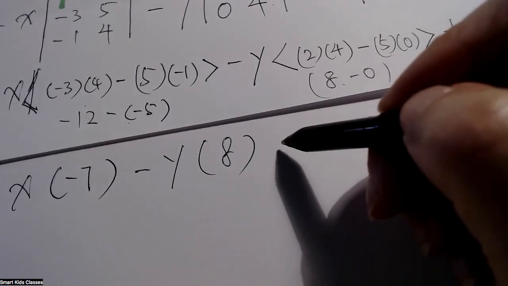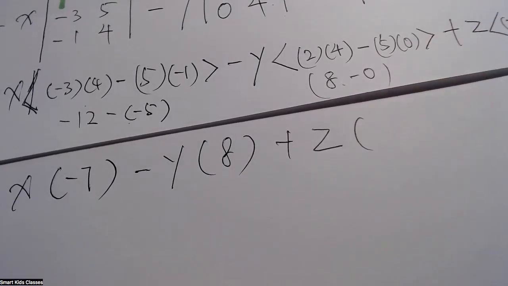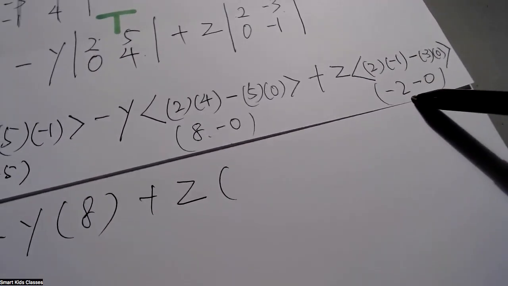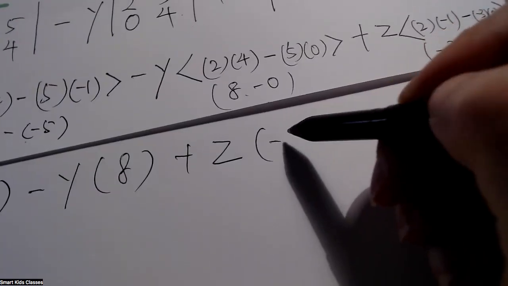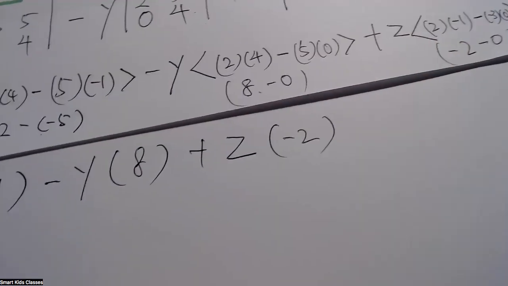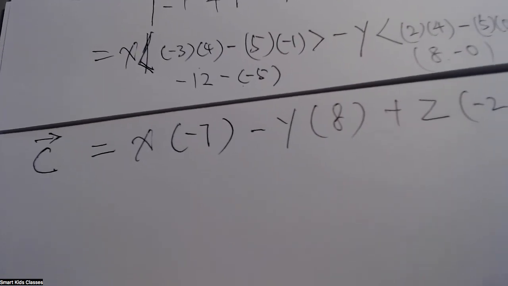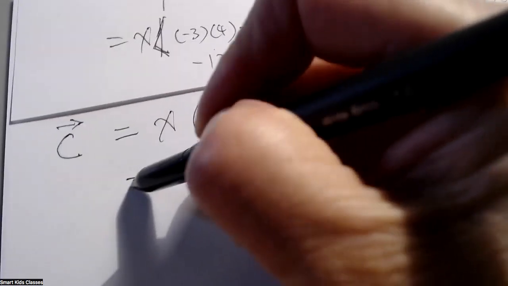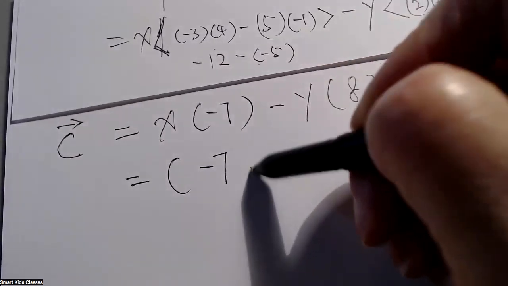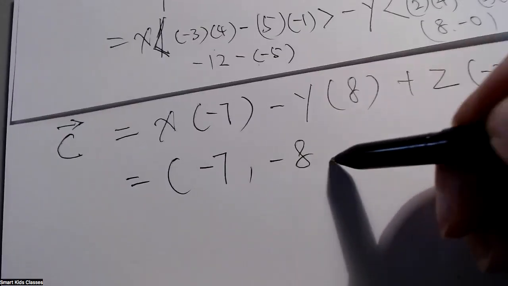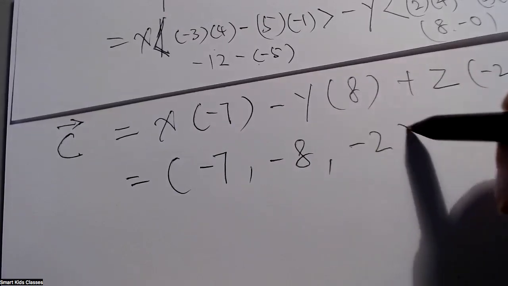Now for Z: -2 minus 0, we have -2 left. Now we directly write the answer for the cross product: -7, -8, and -2.